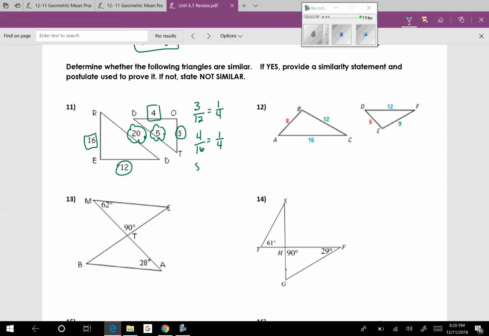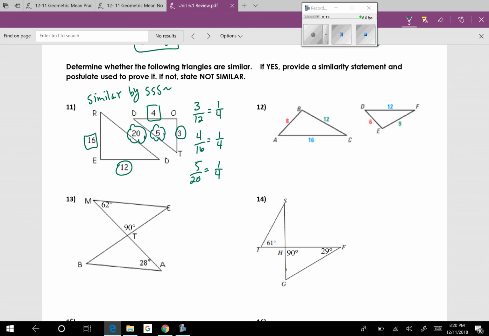And then our last one is 5 over 20. So if you divide both 5 and 20 by 5, you get 1 over 4. So all three ratios reduce to the same one. So since they all reduce to the same one, these are proportional, so it is similar by side, side, side, similarity.